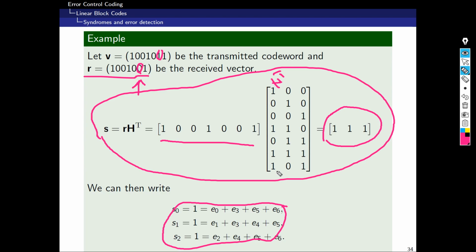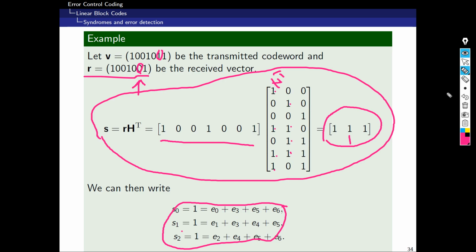Now, from this syndrome, you can write these equations. S1 is equal to these values. S1 is equal to 1, and it's equal to E0, E3, E5, E6. And S1 is equal to 1, and this is equal to E1, E3, E4, E5.